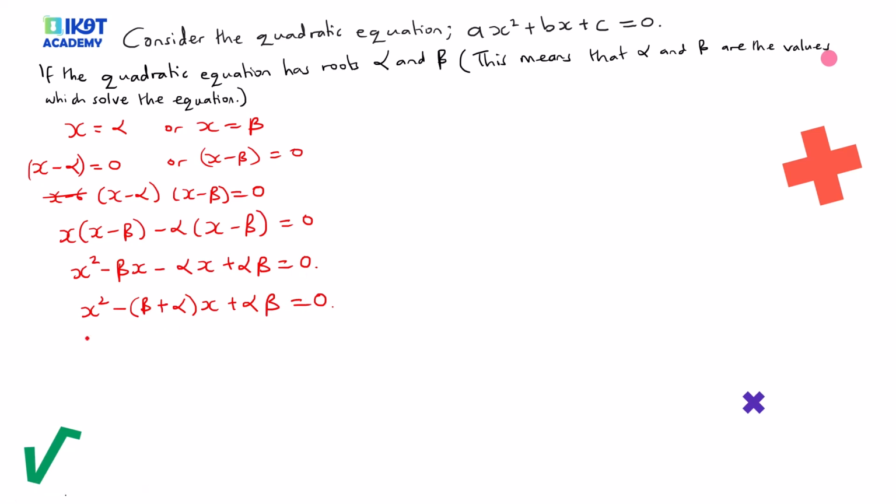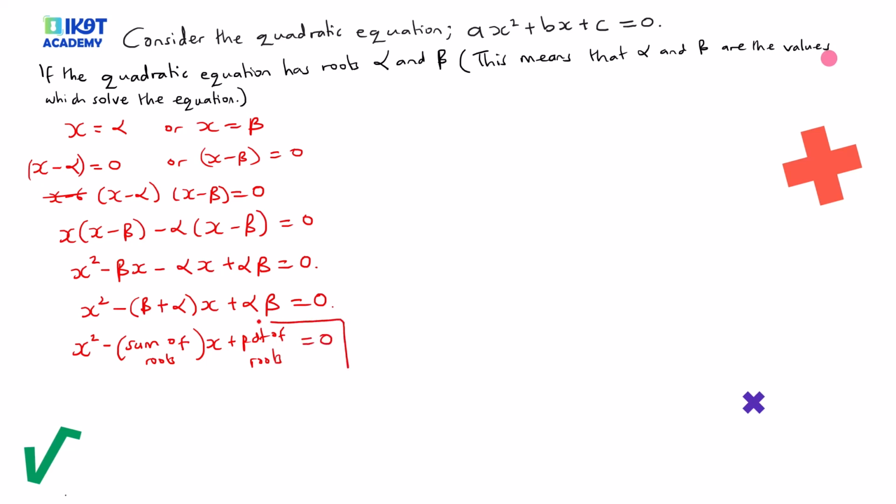So we now have this as our quadratic equation. But remember, alpha and beta are the roots of the equation. So this can also be written as x squared minus the sum of the roots x plus the product of the roots is equals to 0.